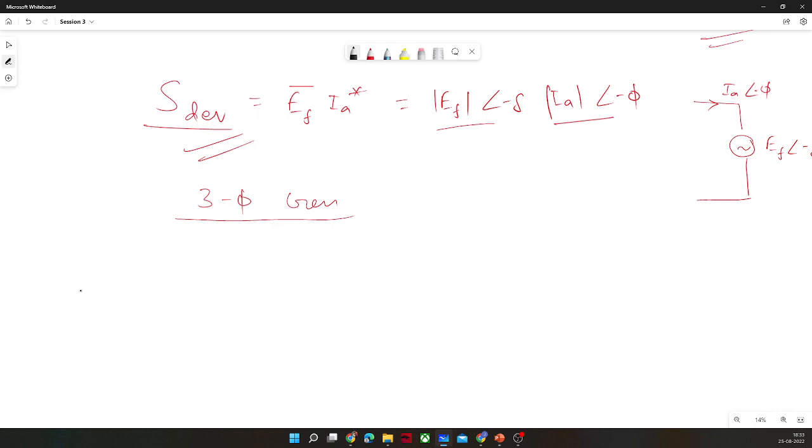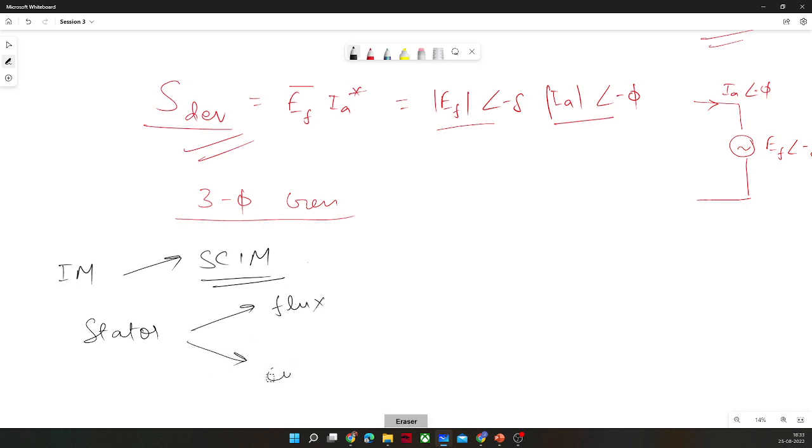Because of what happens in the induction machine, let's take a squirrel cage induction machine, because that is the default and popular induction machine. Its stator supplies the flux as well as the power. And it has the induction property: its current or power gets induced like in a transformer.